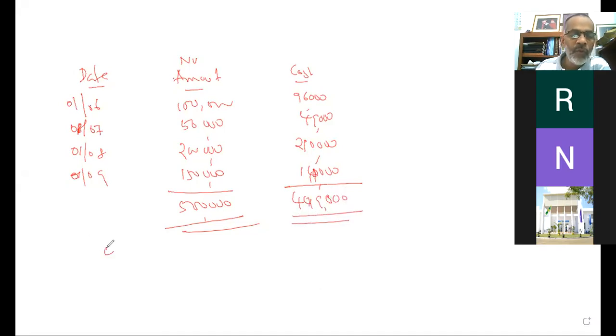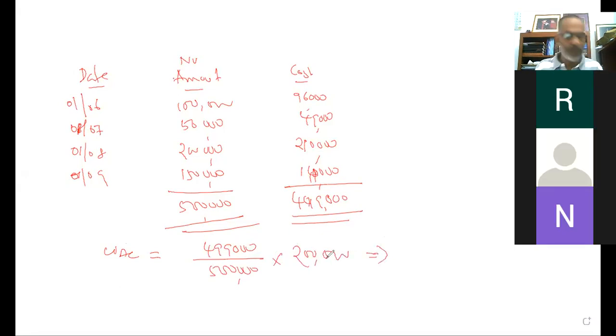If you are using the weighted average cost method, 499,000 for 500,000 multiplied by 200,000. Therefore, the answer is 499 divided by 500 multiplied by 200, which is 199,600.